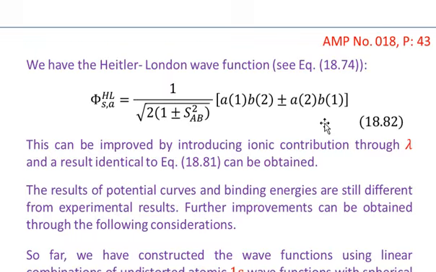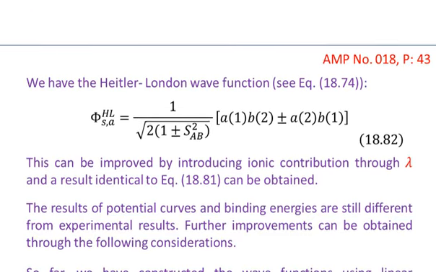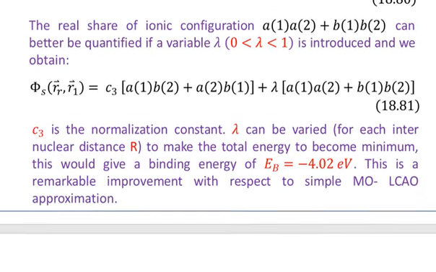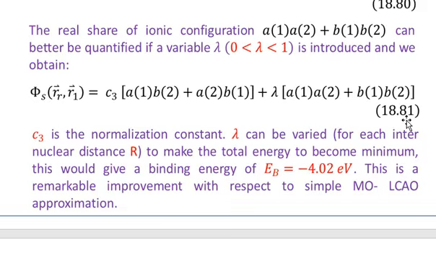And of course this can be improved further by introducing ionic conditions through lambda, as I have discussed, and as a result an expression identical to equation number 81 can be obtained. So when the Heitler and London approach includes the ionic contributions, it gives the same result as given by equation number 81.